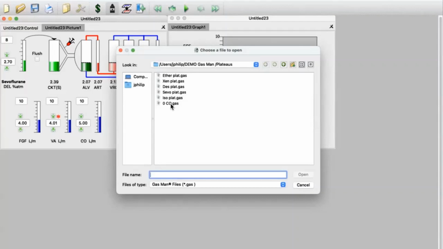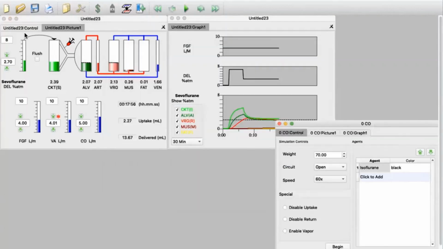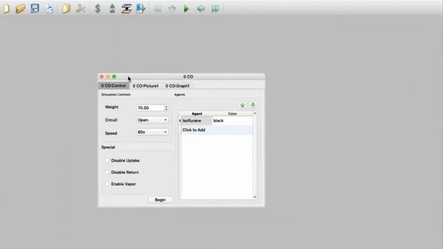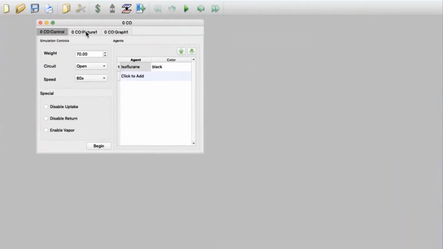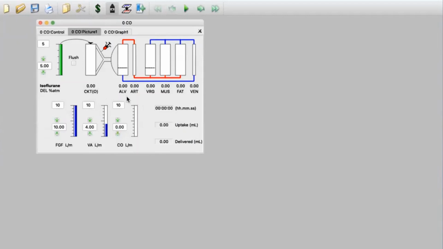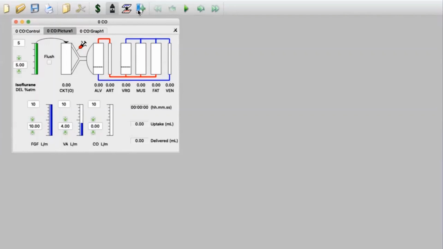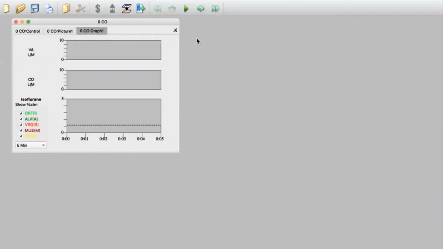As we look at the zero cardiac output example, let me close what we had before. The zero cardiac output example is where the patient's cardiac output doesn't exist. Do not do this in the operating room. We do this only in simulation. We have zero cardiac output, and we're looking at the alveolar tension rise over time.